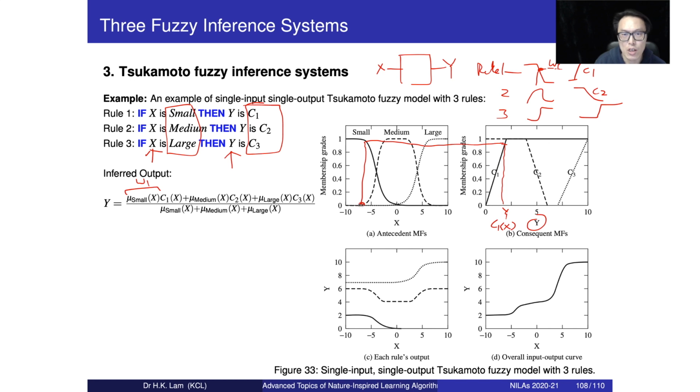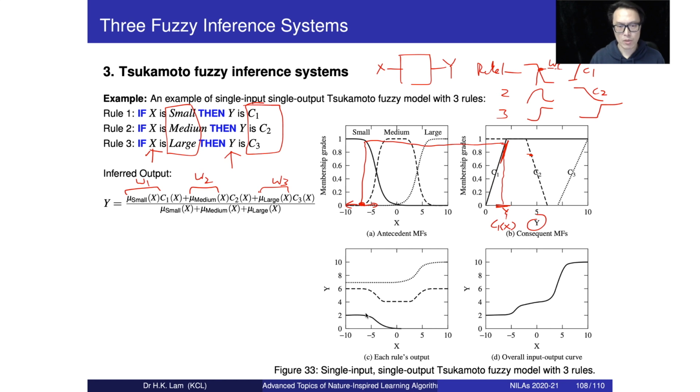If you move this point to the left, to the right, this point will go up and down, so this value c1x will change accordingly. This is for medium, and we have the medium value cut across with this membership function, and this is for rule 3, so this is W2, this is W3, and then C1, C2, C3.